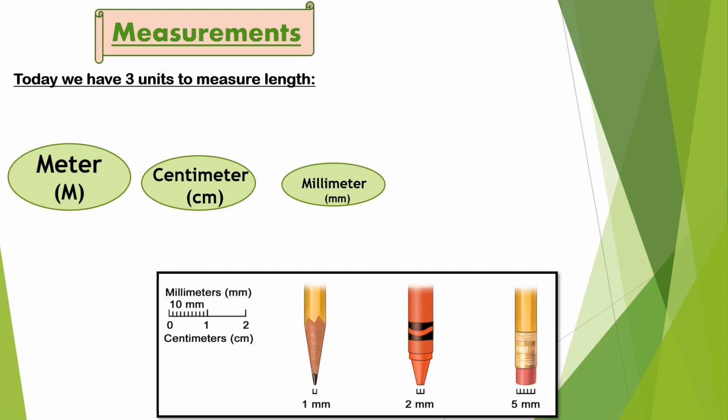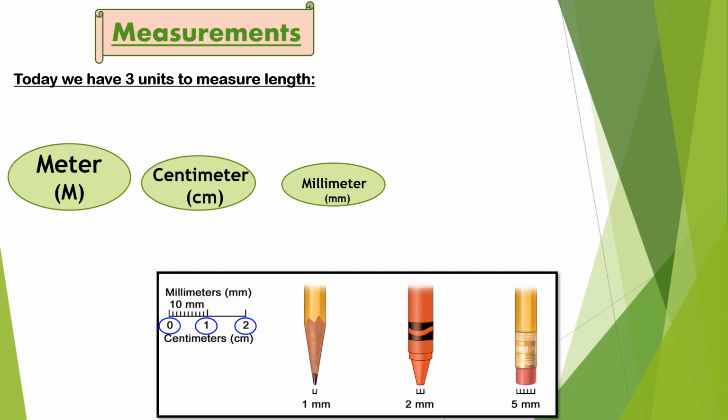What are these millimeters? Here on our ruler we find some numbers 0, 1, 2. Between each number and the next one we will find 10 dashes. Each dash and the next one, this small distance between them is called a millimeter.